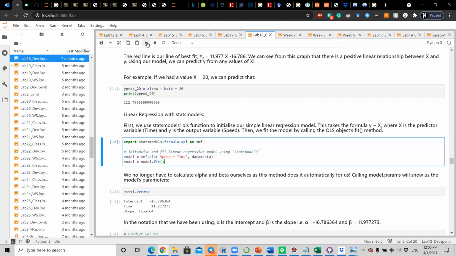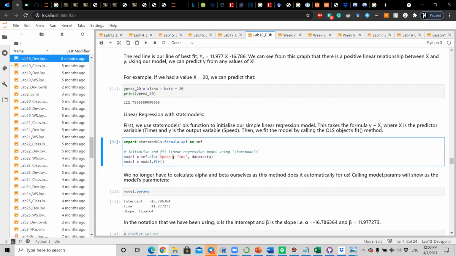So if we run this, we are basically calling statsmodels.formula.api as SMF. And from that, we call the OLS function. And the syntax for this is a little different from the things that you have seen before. Have a look at this.